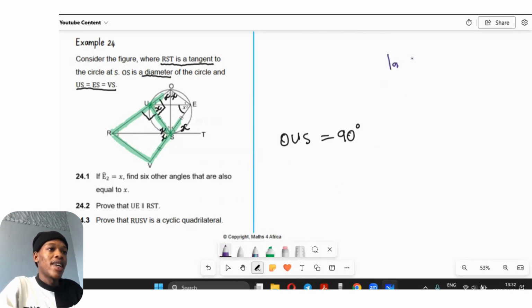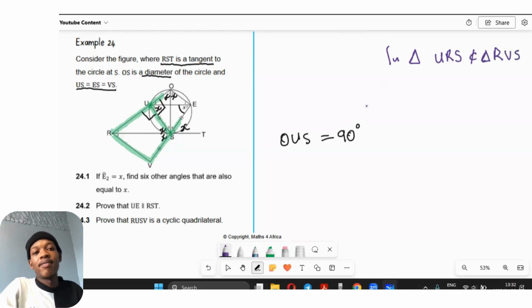So in triangle URS and triangle RVS, right? What do we have there? Remember, when you are proving congruence, you can prove by sides and also angles. It's unlike similarity. Similarity you prove by equating angles, equiangular.